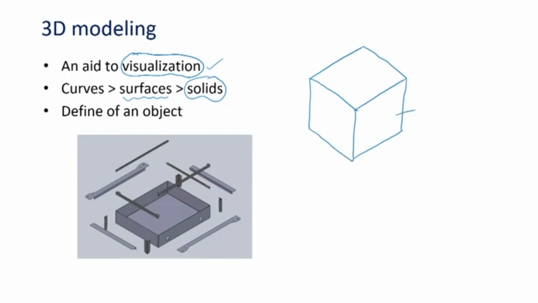This is a 3D model, and it gives the realistic view. If we consider the 3D model, it is made up of surfaces. The cube has 6 surfaces.